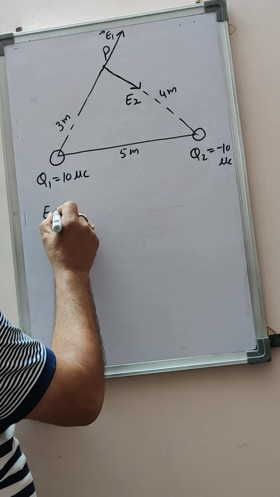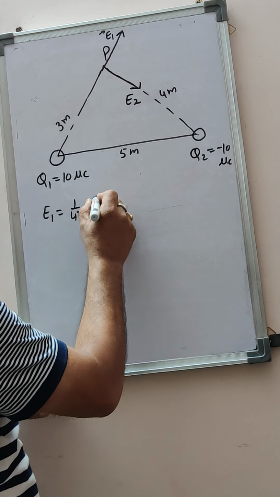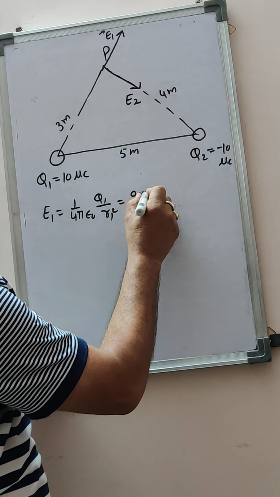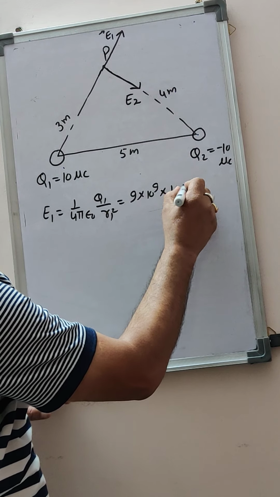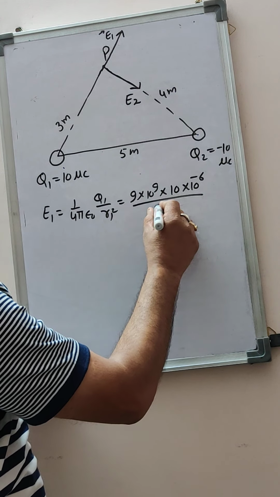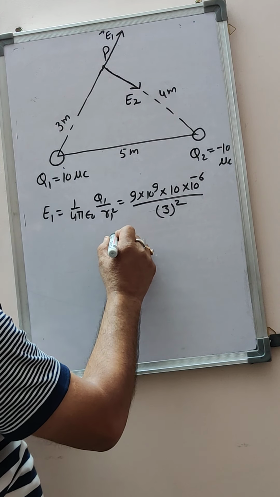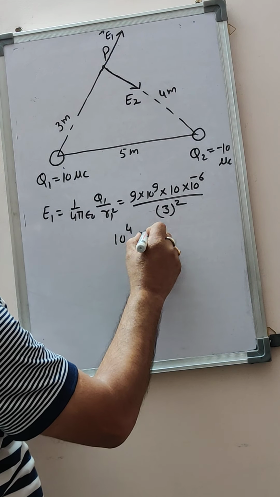E1 value is 1 by 4 pi epsilon naught Q1 upon R1 square, 9 into 10 to the power 9, Q1 10, and distance is 3 square. So this will be 10 to the power 4 Newton per coulomb.